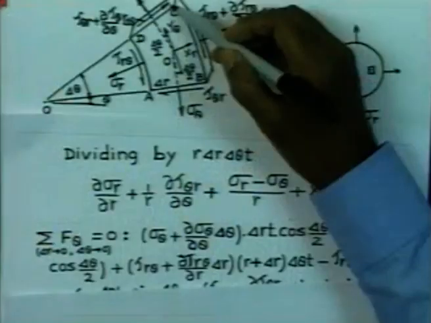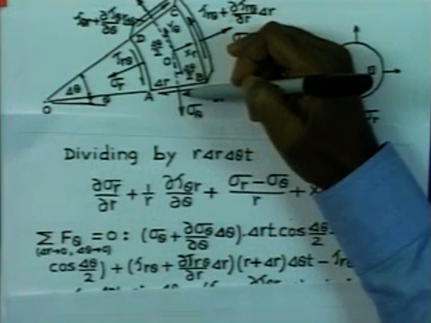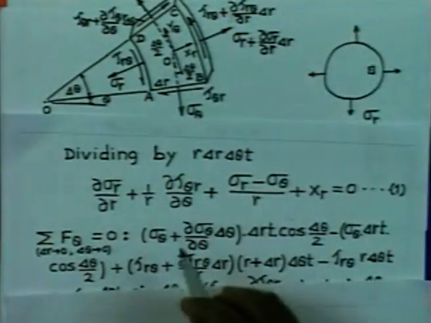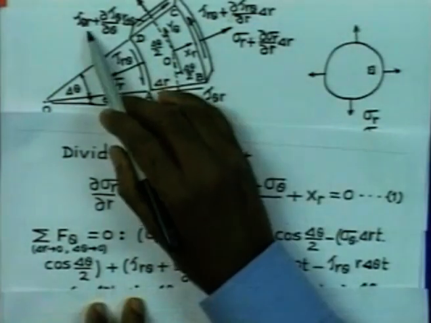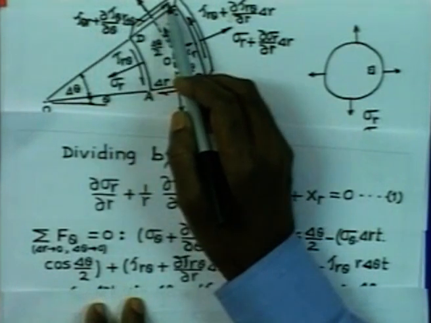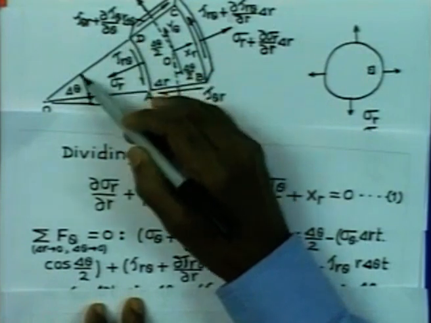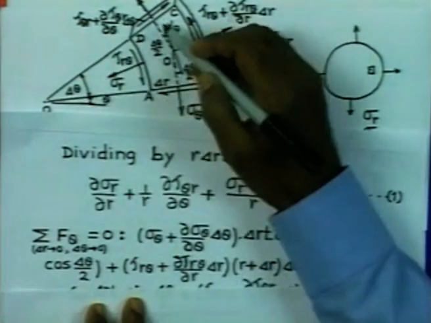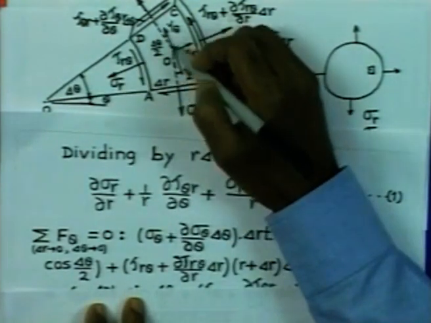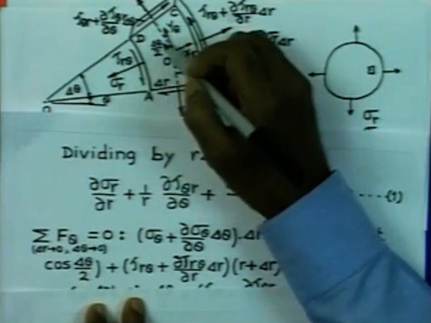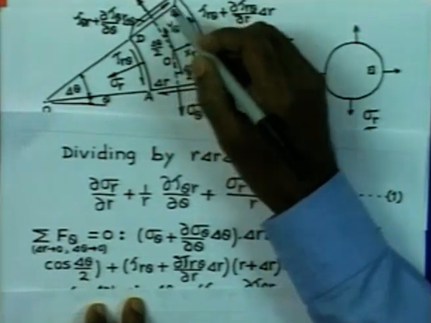Similarly, if we consider the contributions due to this component and this component, this is acting on an area of delta r into T, and it is at an angle of delta theta by 2, and therefore, if we take the sine component of that, it will give us the component in the positive theta direction.